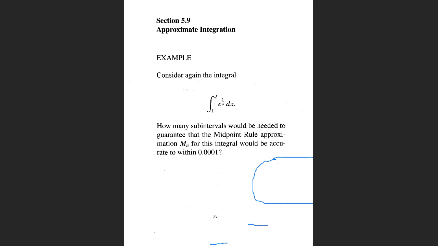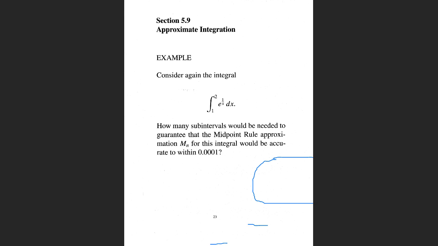When we had 10 subintervals, the error bound for the midpoint rule said that we're guaranteed that our approximation would be accurate to within about 3/10,000ths.